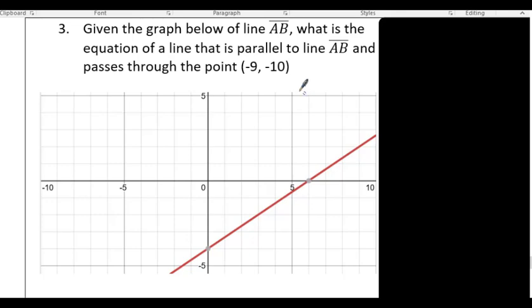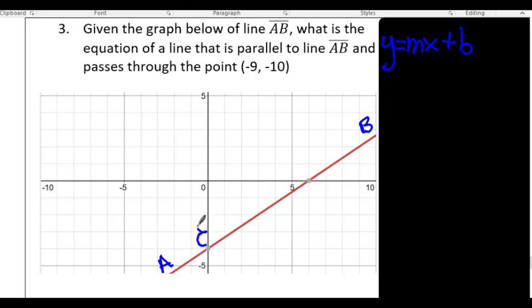Now for 3, we want to write an equation of the line, so I want to put it into y equals mx plus b format. I need an equation of a line that is parallel to this line AB and goes through this point. If it's parallel to this line, I know it's going to be the same slope. So I have to figure out the slope of this one.